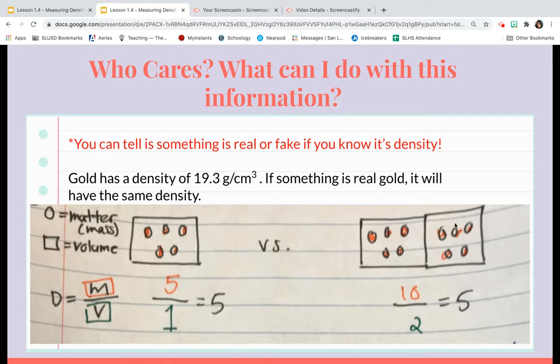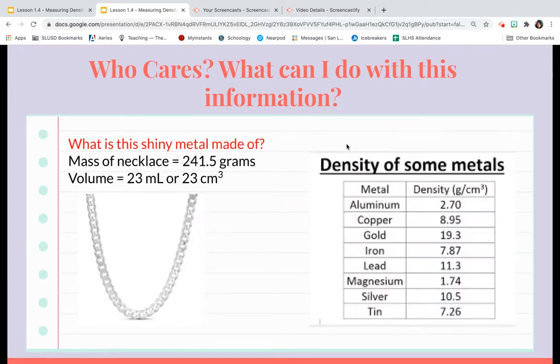So now I have 10 pieces of matter, but the volume is also bigger. So my volume is also twice as much, right? So if I take 10 divided by 2 again, I would still get the same density, 5. So the key thing here is density does not change depending on the amount of stuff you have. Density is always the same as long as it's made of the same stuff. And that's why you can tell whether something is real or fake.